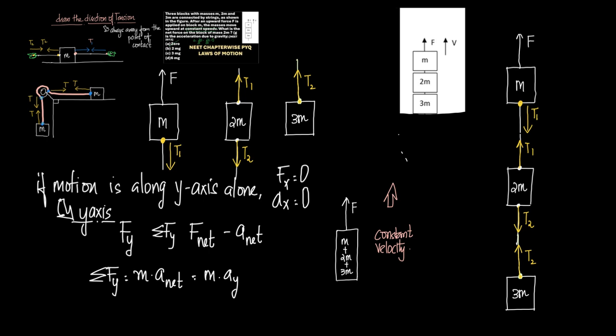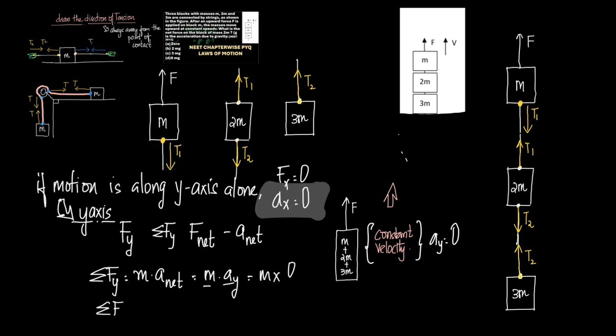Why Ay? Because Ax is equal to 0. Now, since the object is moving with constant velocity, acceleration along y direction would be equal to 0. So we have m into Ay is equal to m into 0. Therefore, sigma Fy is equal to m into 0 is equal to 0. Okay, so sigma Fy is equal to 0 is what we derived.